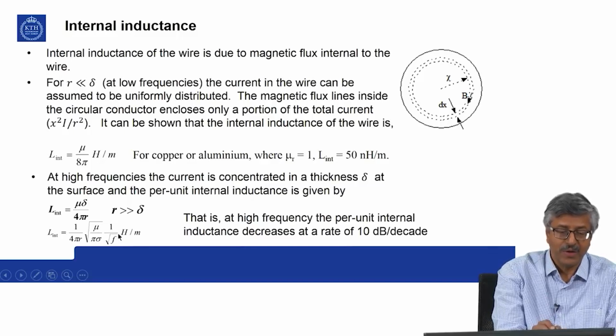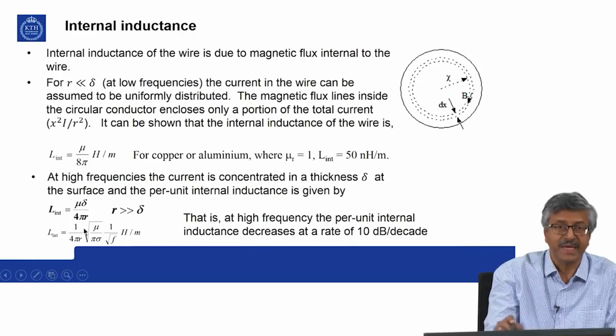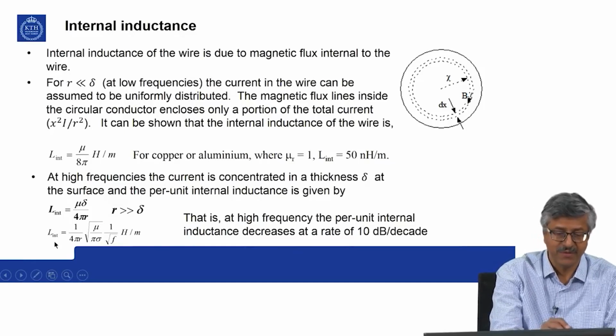So, 20 log 1 by root f is f to the power of 1 by 2. So, 20 into 1 by 2 is 10. So, per 10 times increase in frequency you have 10 dB change in inductance. So, that is the meaning of this equation.